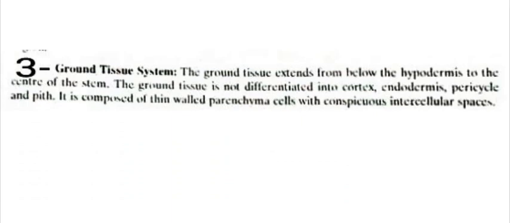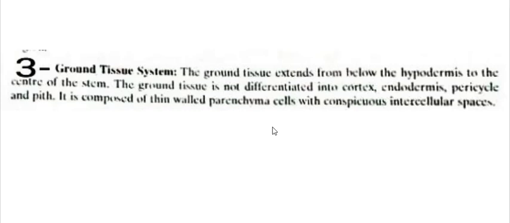The third major part is the ground tissue system, which extends from hypodermis to the center of the stem. Ground tissue in monocot stem is not differentiated into cortex, endodermis, pericycle and pith as in dicot stem.